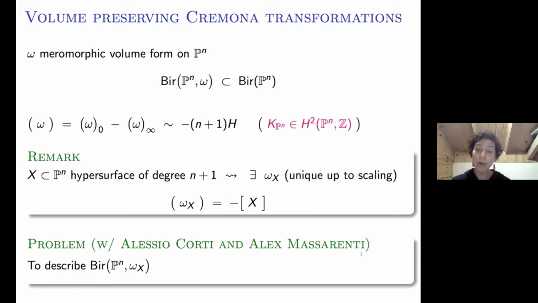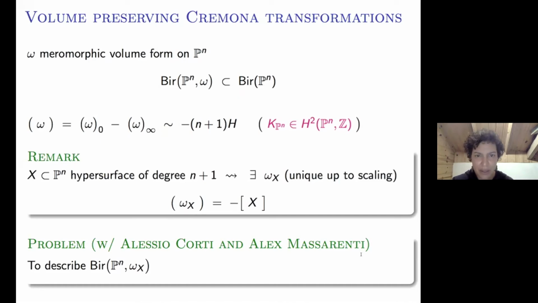And so now the problem that I've been looking at with Alessio Corti and Alex Massarenti is to describe the subgroup of the Cremona group given by Cremona transformations that preserve this meromorphic volume form.